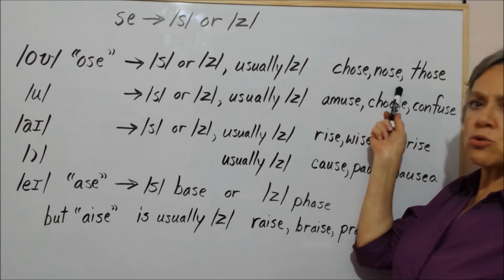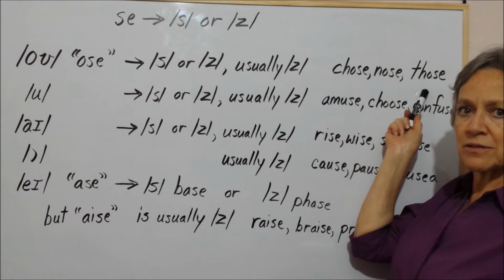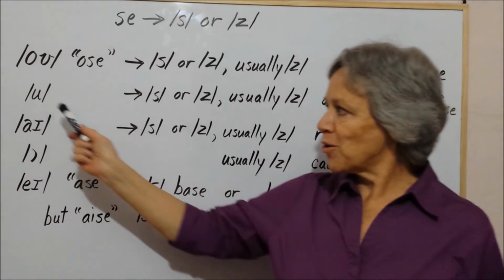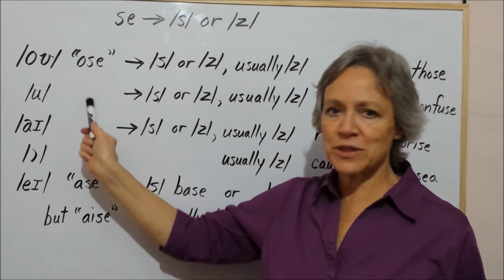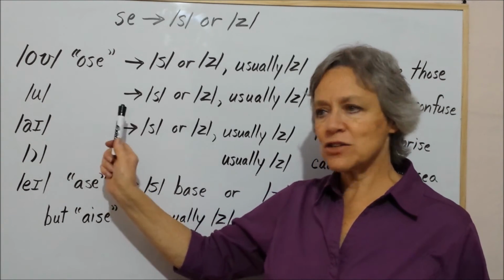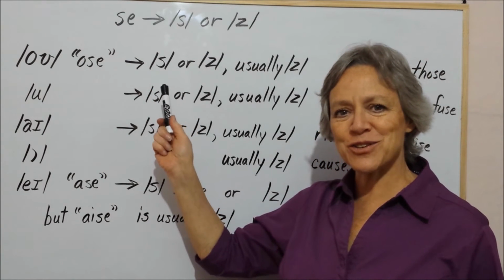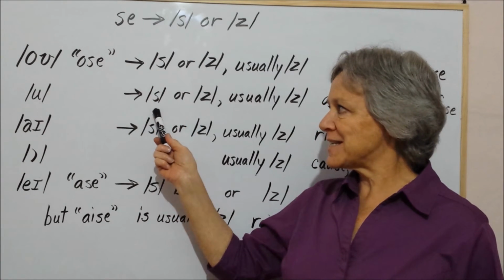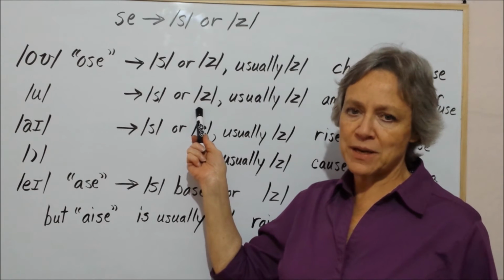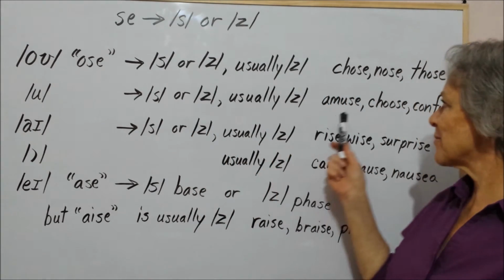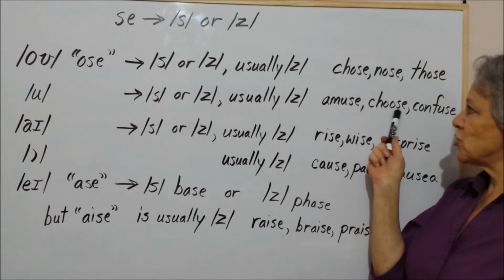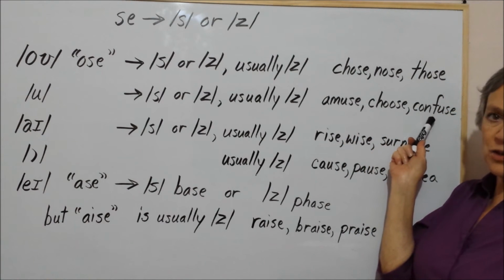Chose, knows, those. With the sound oo, which could be spelled in different ways, so I didn't put any letters here, the letter S too could be pronounced S or Z, but it was more often Z. Here are some examples. Amuse, choose, confuse.